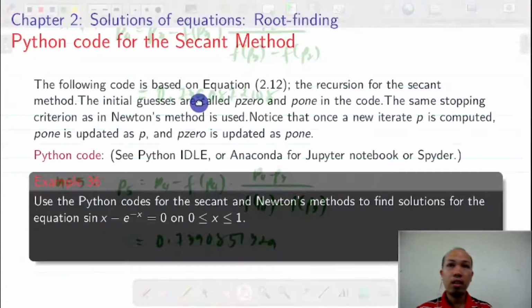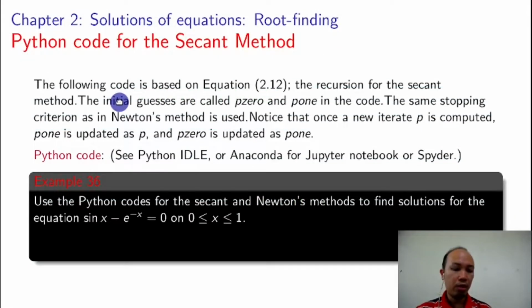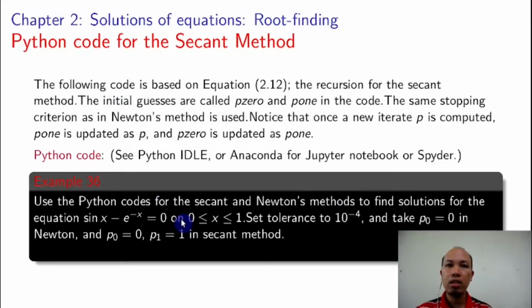Let's try our function in example, sorry, example 36, this one. Use the Python codes for secant and Newton's methods to find solutions for this function. F of x is equal to sine x minus e to the negative x.